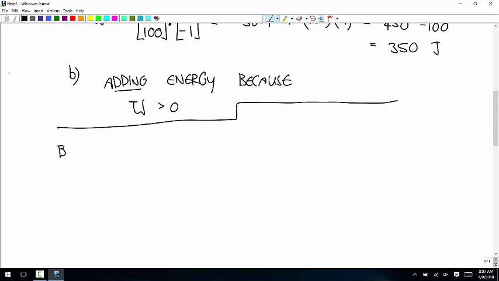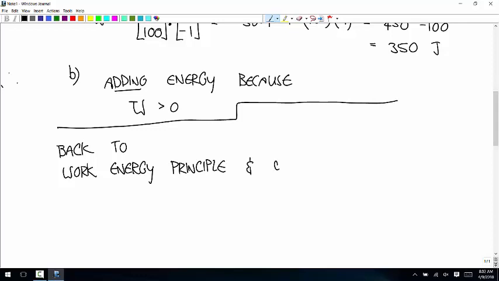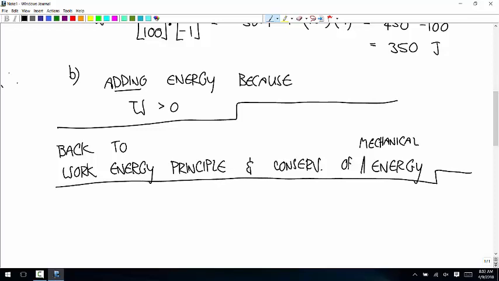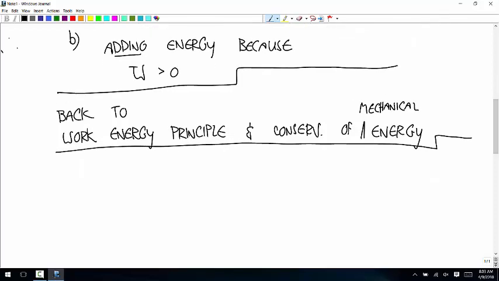So now we're going back to what we were talking about on Friday. And this topic deals with the work energy principle and conservation of energy, mechanical energy. So far we've talked about the definition of work.